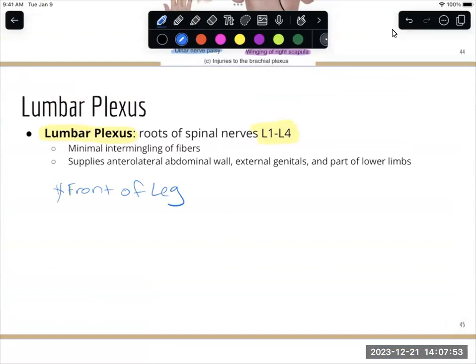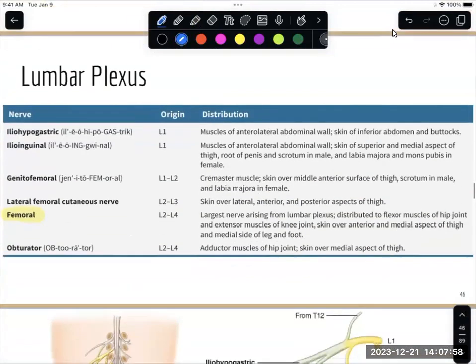So that lumbar plexus specifically goes down the front of the leg. The femoral nerve is the largest nerve coming out of that lumbar plexus, test question. And it is going down the front of that leg.